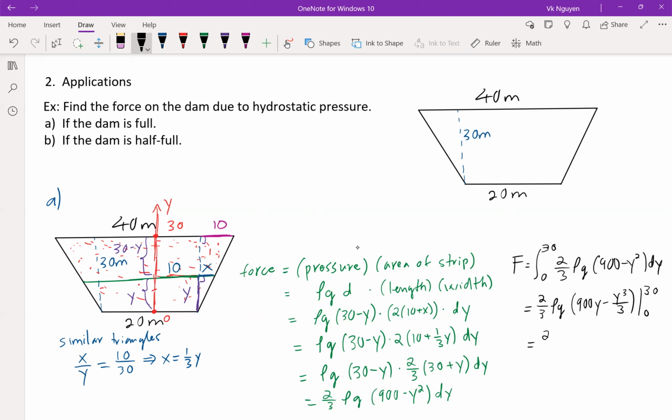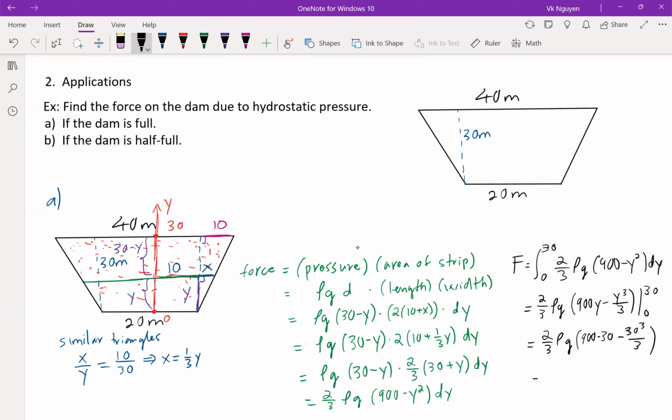And this gives us 2 over 3 rho g. You do the substitution, then you will get 900 times 30 minus 30 to the power 3 over 3.